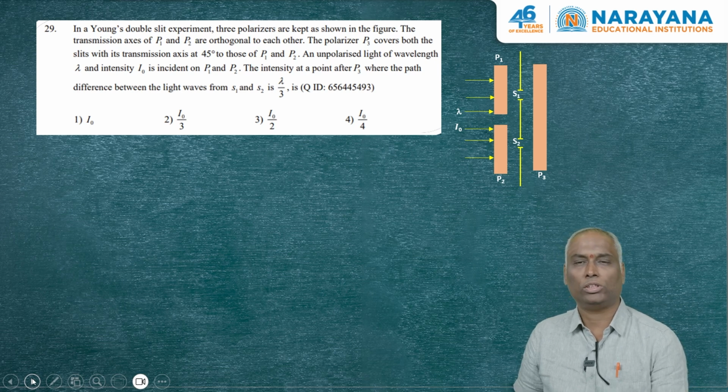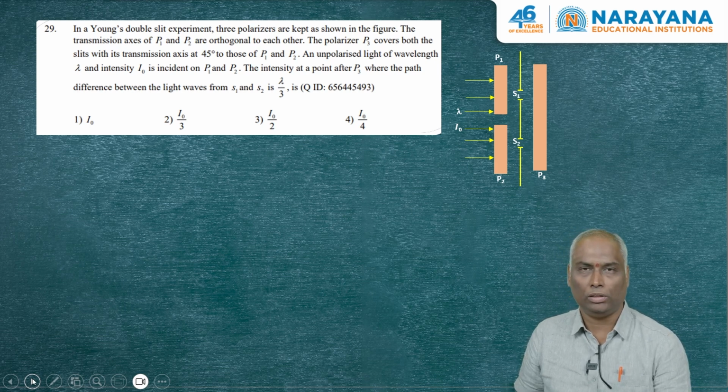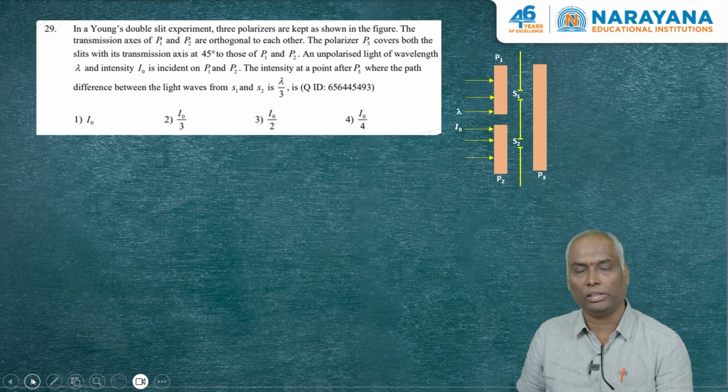So here this is a question which is involving two concepts. One is the light coming out from the polarizer, the Malus law, and the next one is the condition for resultant intensity.